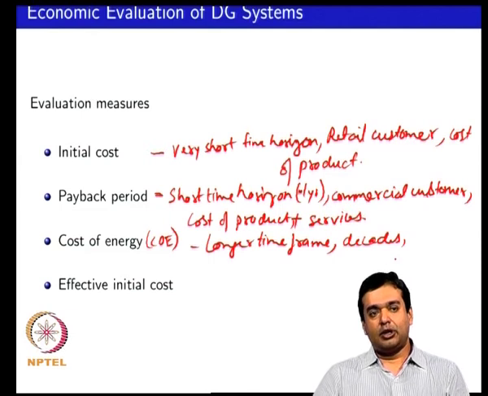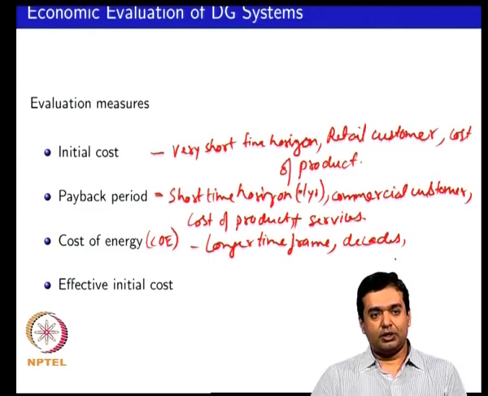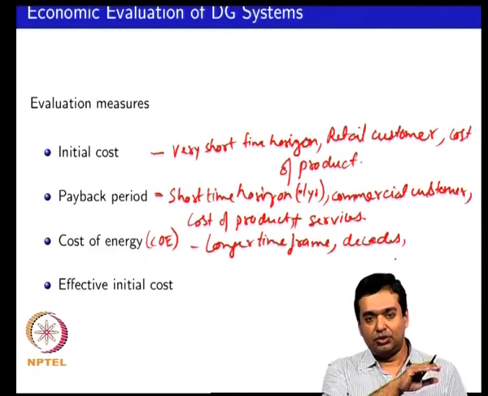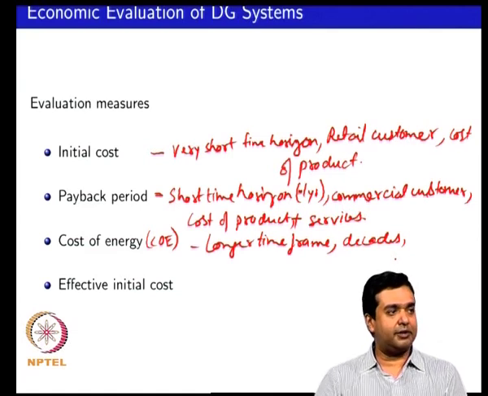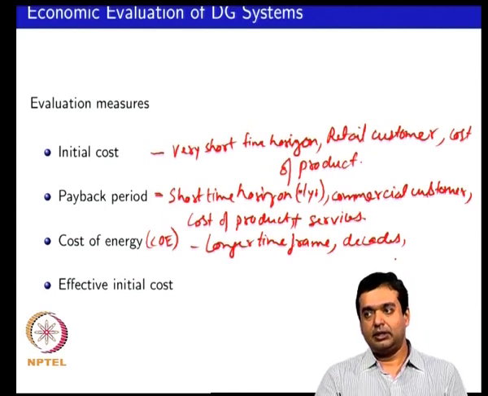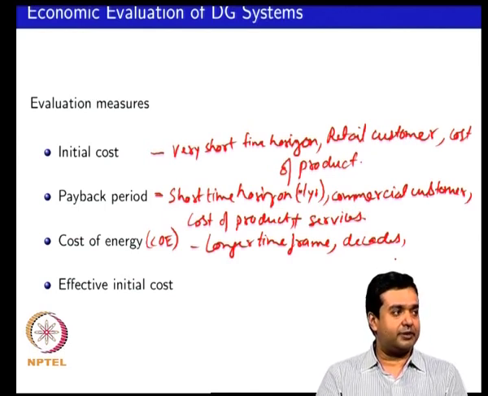Okay. But if you know that your existing system's cost is also going to ramp up, but the system that you are adding is going to stay flat over a longer time frame, then it means that in the long term what you are adding right now will actually make the cost of energy lower over the longer time frame.